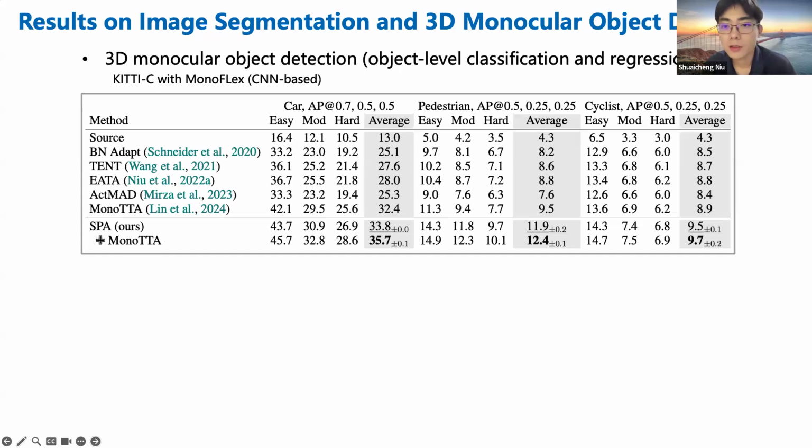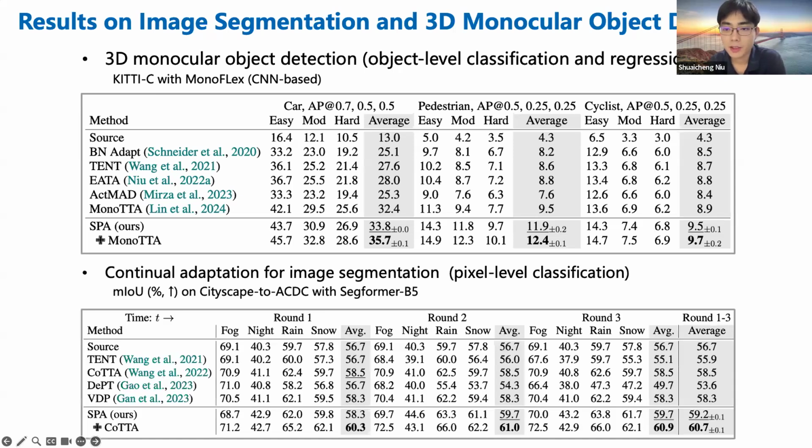And we also conduct experiments on 3D monocular object detection. This task aims to predict the 3D bounding boxes, including the locations and the size of objects, using a single camera image. It consists of both classification and regression tasks.